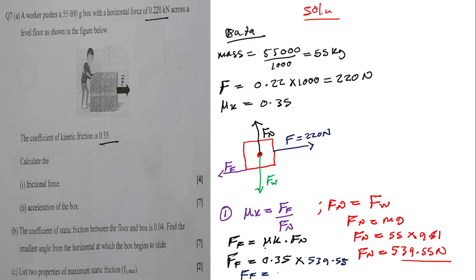When you multiply that by 0.35, you get 189 Newton. So this was the answer for the friction force, and this was equivalent to 4 marks.